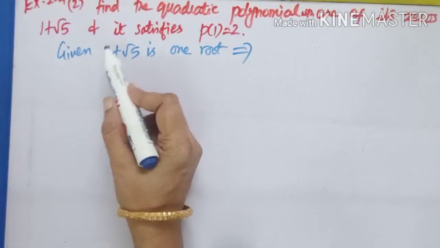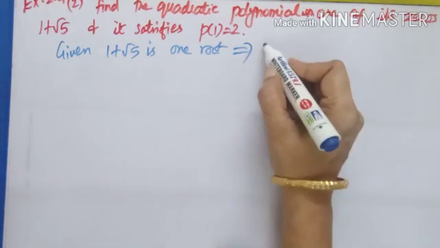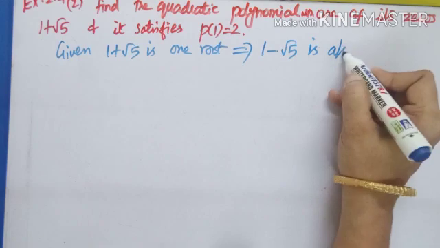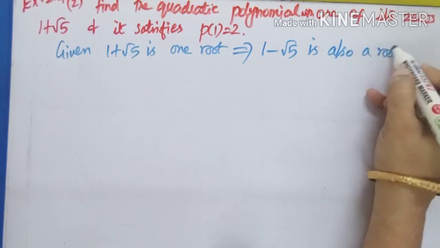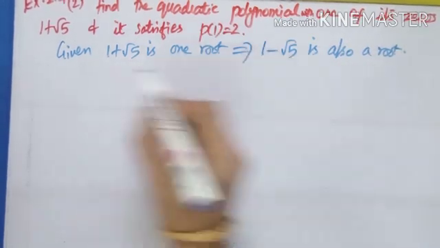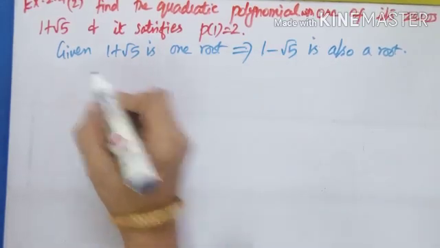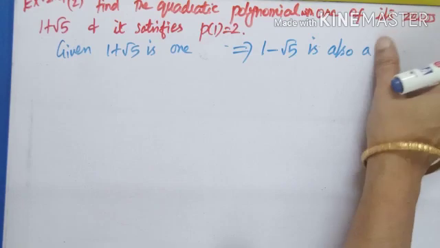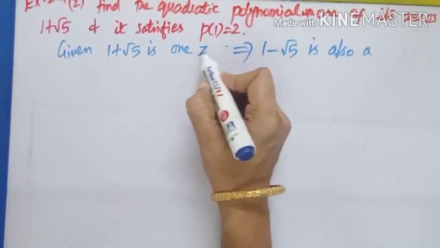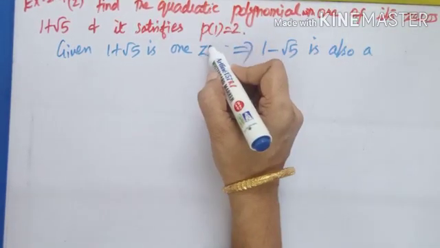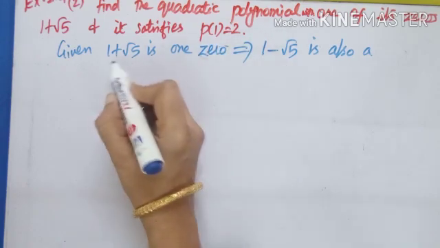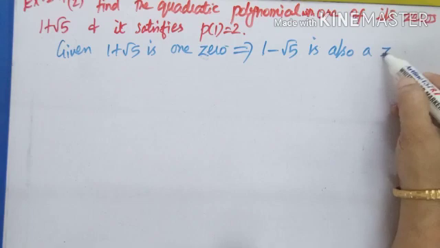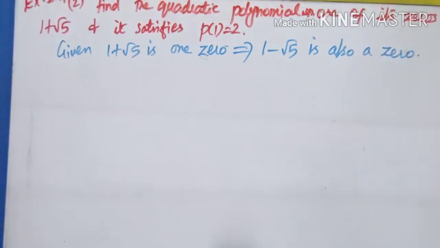So whenever 1 plus root 5 is one root, we immediately declare 1 minus root 5 is also a root. So how many roots do we know now? 2 roots. We shouldn't say it as a root. Remember, it is a zero because it is not an equation. It's a polynomial. So what should I say? 1 plus root 5 is a zero implies 1 minus root 5 is also a zero.